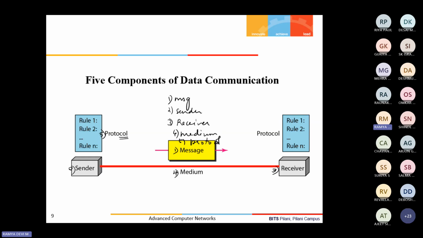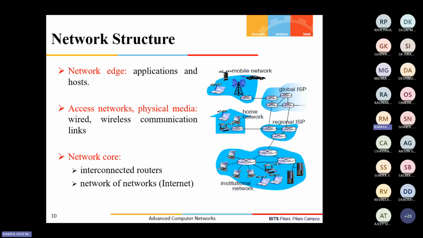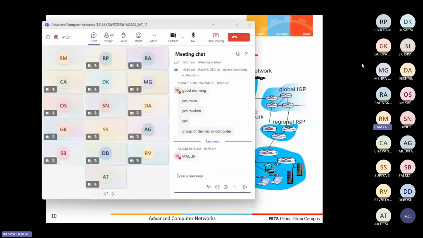So network structure, we start with the network edge of the system. So what will be there at the edge of the network? You will have the edge of the network and the core of the network, right?